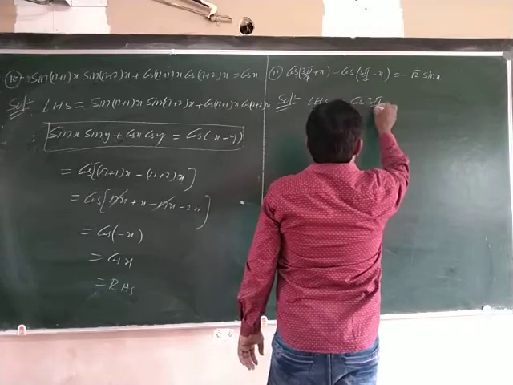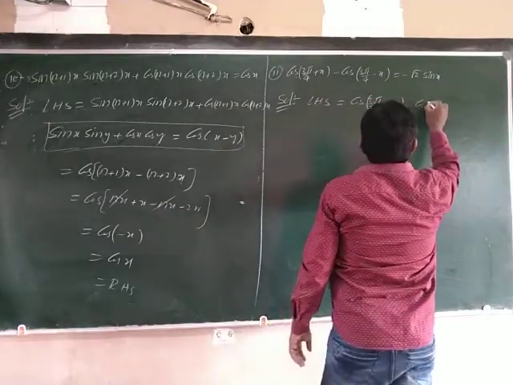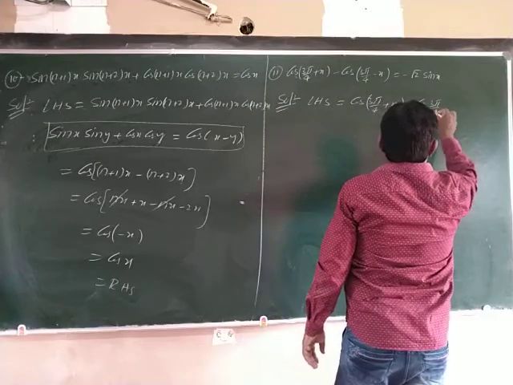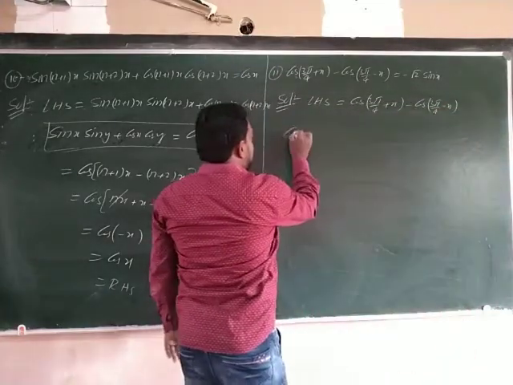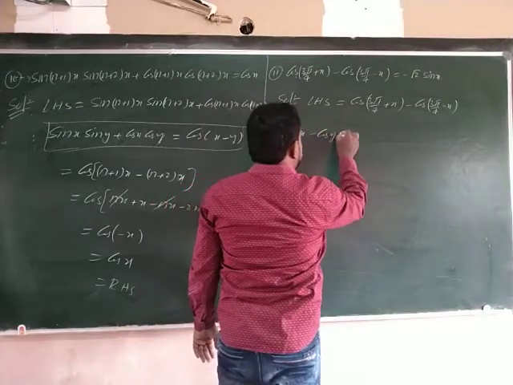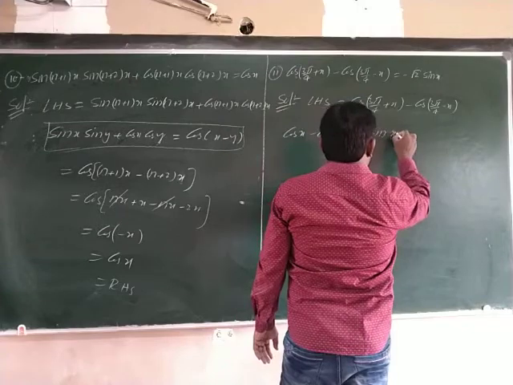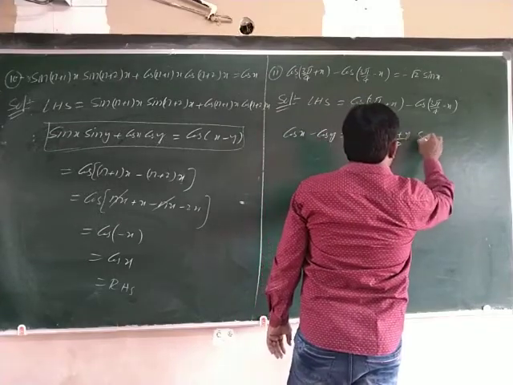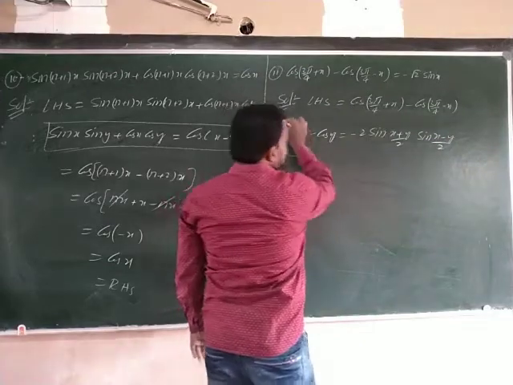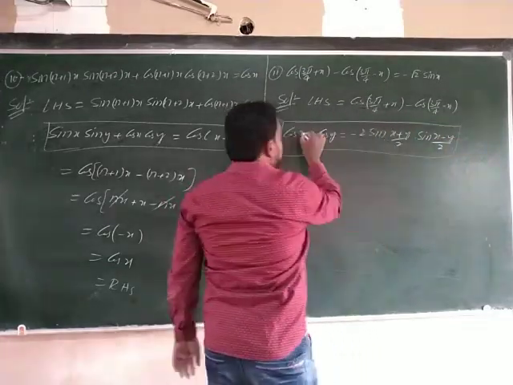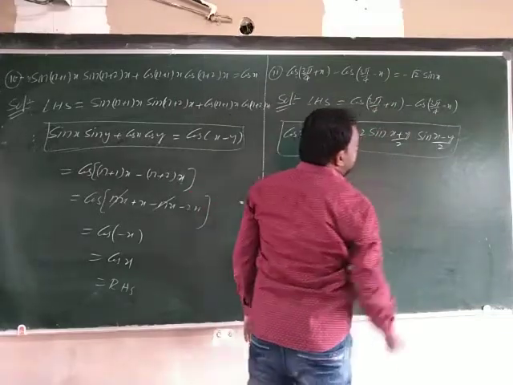Cos 3 pi by 4 plus x minus cos 3 pi by 4 minus x. I am using the formula cos x minus cos y is equal to minus 2 sin of x plus y by 2 into sin of x minus y by 2. This is the formula. Here in place of x, 3 pi by 4 plus x, in place of y, 3 pi by 4 minus x.